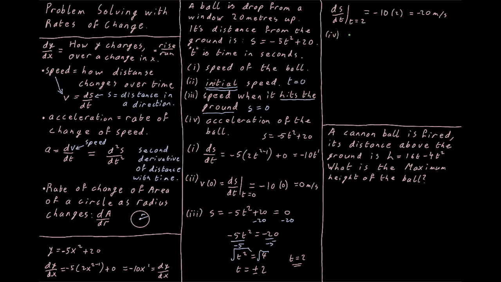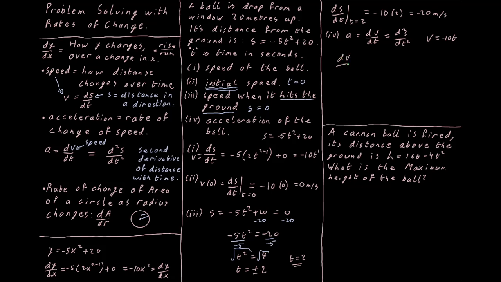Part 4, what's the acceleration? So I know that the acceleration is dv/dt, or the second derivative of the distance. And I know the velocity, that's the other name for ds/dt, and that's minus 10t. So if I know v is minus 10t, then I just get the derivative of that.